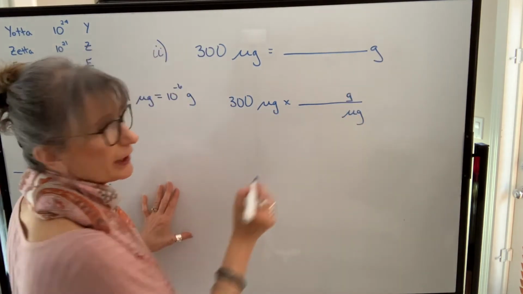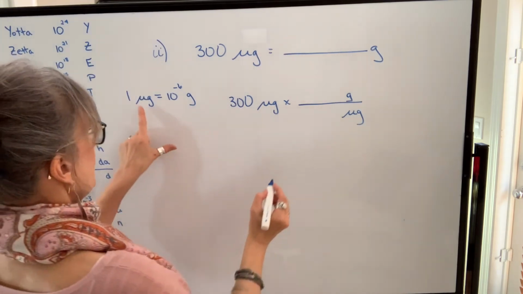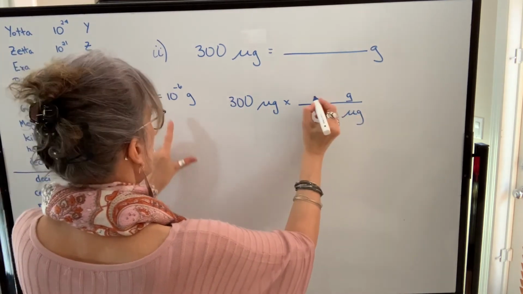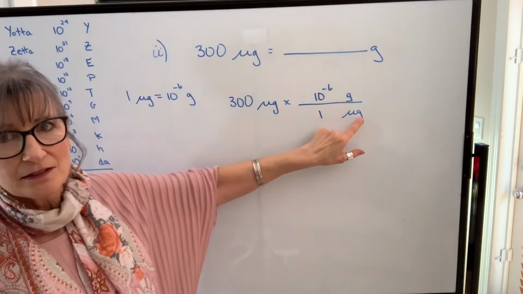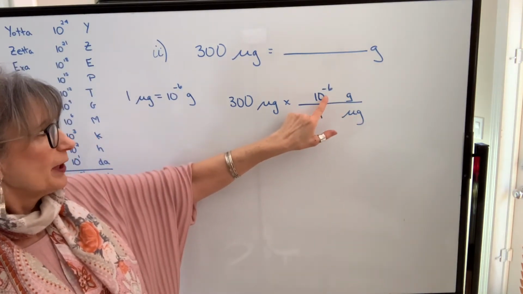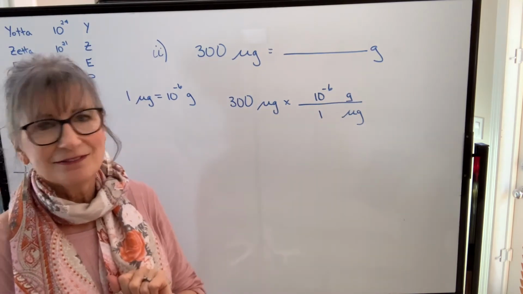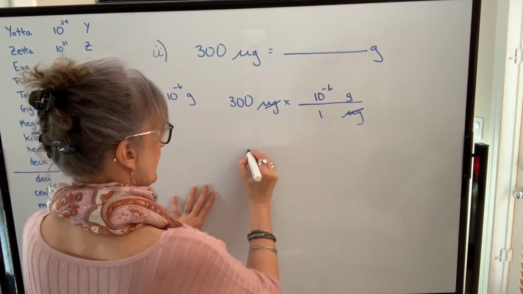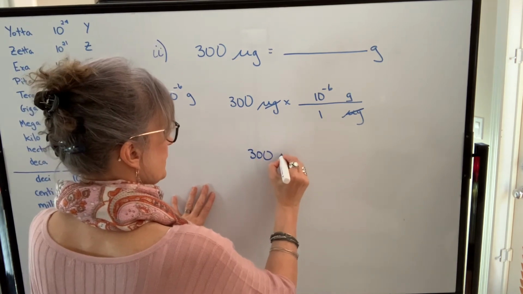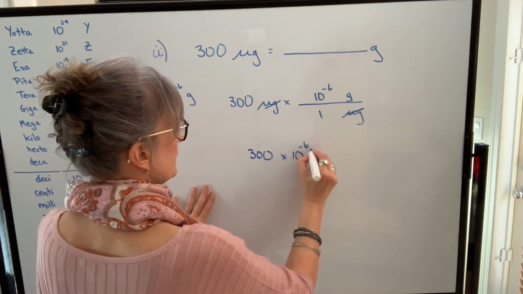So the microgram will cancel. And remember that 1 microgram will equal 10 to the negative 6 grams. 1 with the prefix measurement and your power of 10 with your base unit. Microgram cancels, and we end up with an answer 300 times 10 to the negative 6 grams.